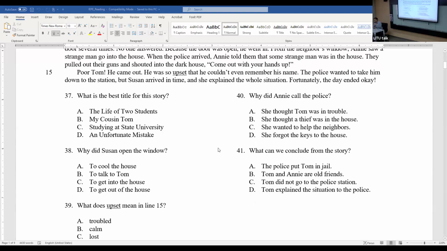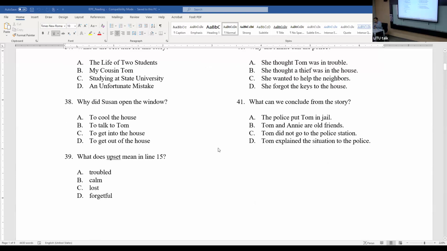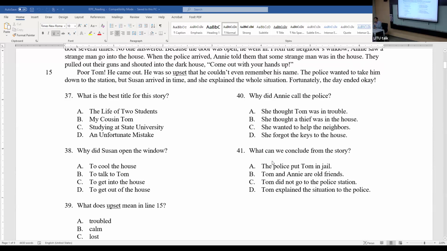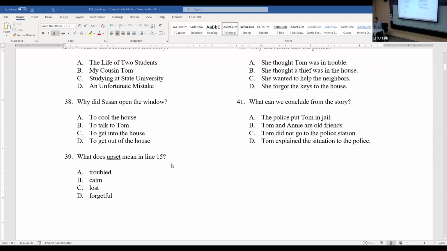What about item 39, knowing the meaning of the word upset? He was so upset that he couldn't even remember his name. Troubled, calm, lost, forgetful.